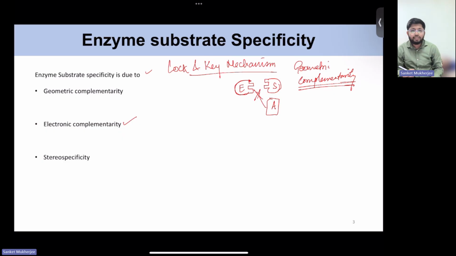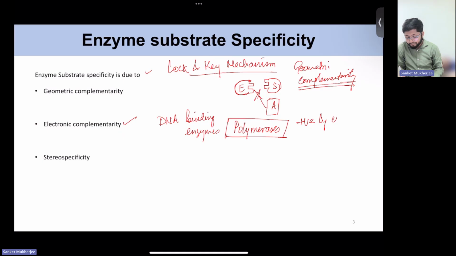There is electronic complementarity as well. For example, for DNA binding enzymes, if we talk about polymerases, most of the polymerases are positively charged, whereas DNA or RNA, the nucleic acids, are negatively charged. Fine. And then there is stereospecificity also.